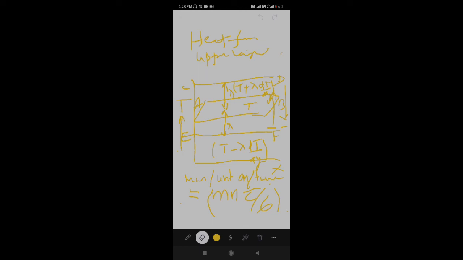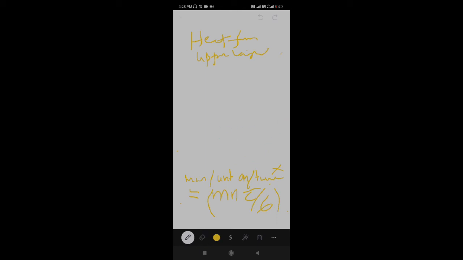You have to note this temperature: T plus lambda dT by dy. Heat transfer from the upper layer is equal to, what is the formula for heat actually? Q is equal to MST or MCT, where C is the specific heat. I am writing the formula for heat, mass times specific heat times temperature.